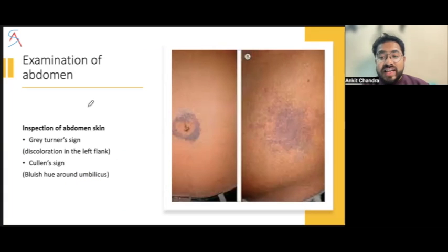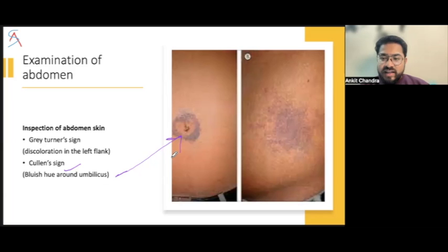Then, in case of the late feature of acute hemorrhagic pancreatitis or chronic pancreatitis, there will be distension and extensive destruction of the pancreas, and then you might see Cullen sign, which was described in 1918, and it is superficial bruising of the subcutaneous fat around the umbilicus.